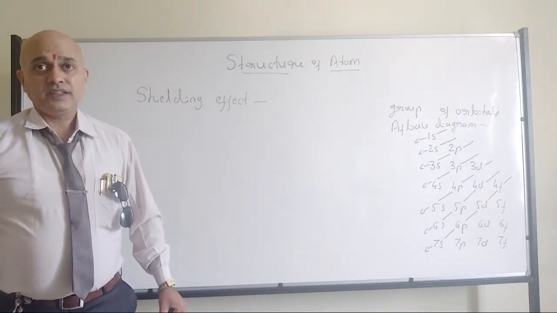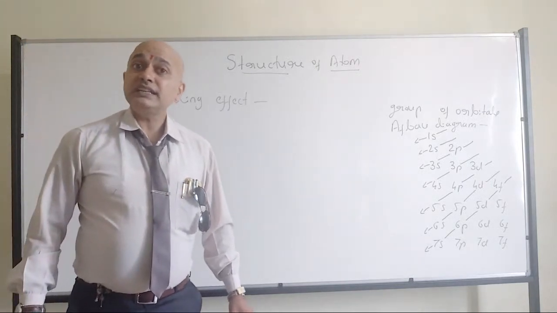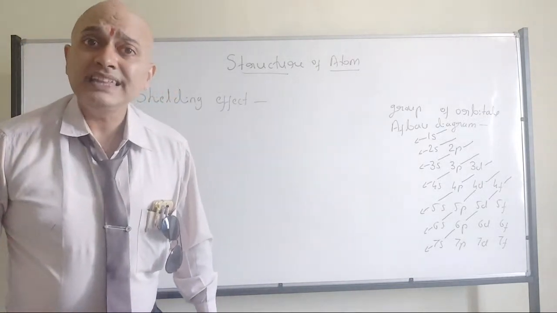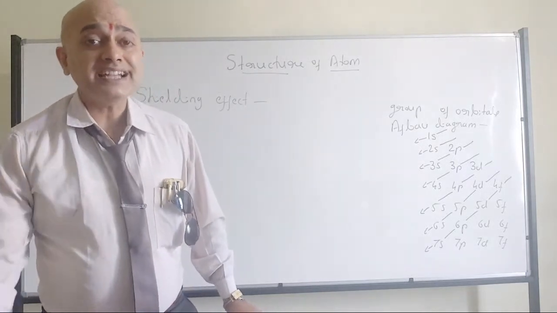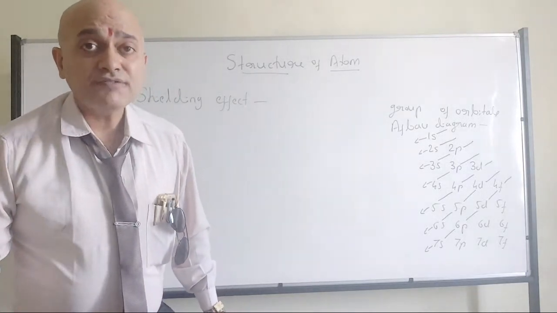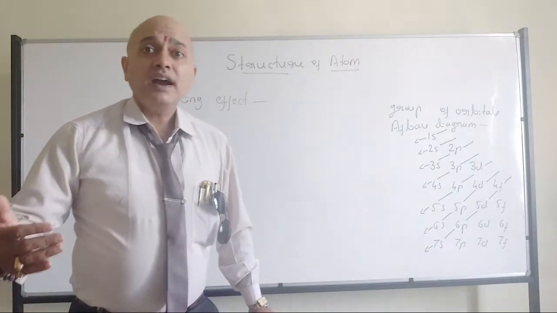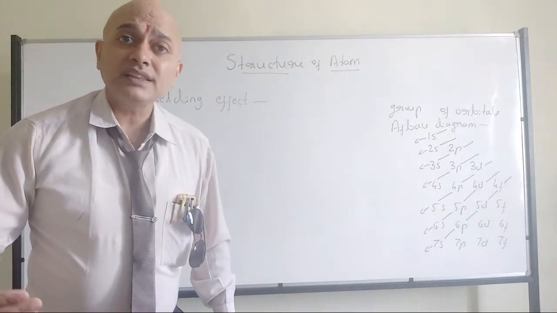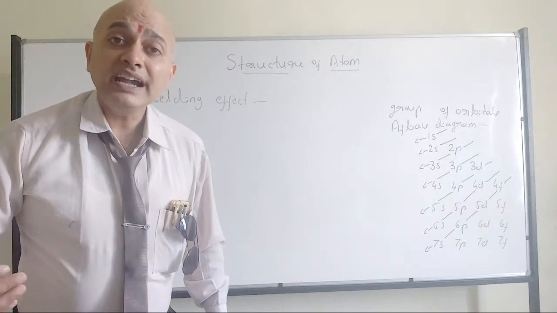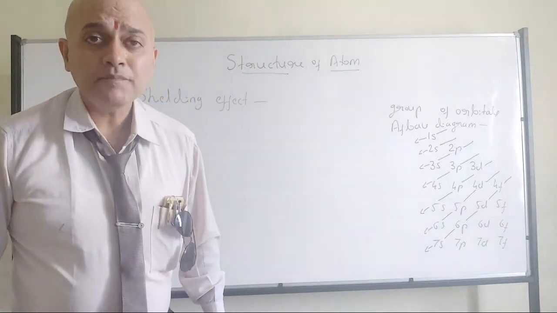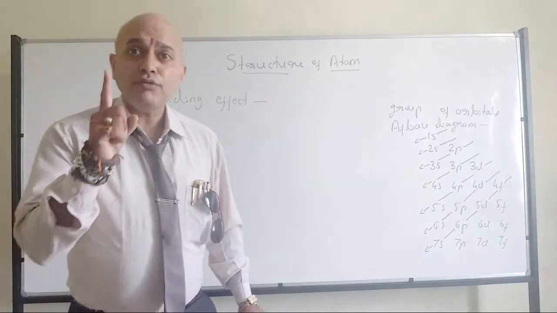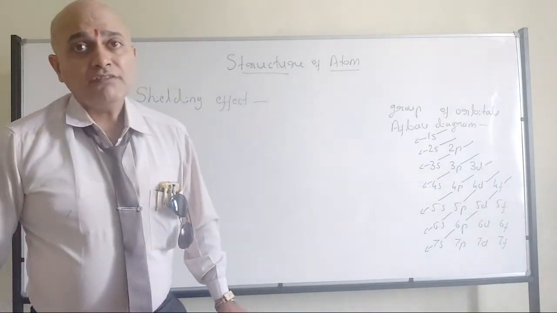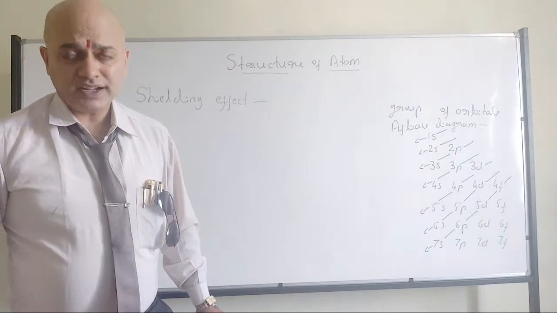Shielding effect is applicable for all the elements other than hydrogen and hydrogen-like species. Why? Because hydrogen or hydrogen-like species have only one electron, where we cannot observe shielding effect.